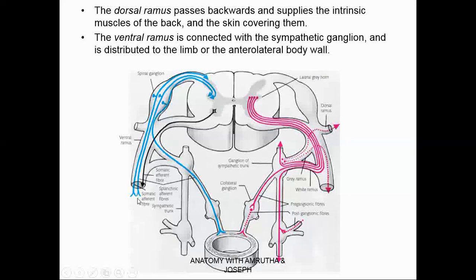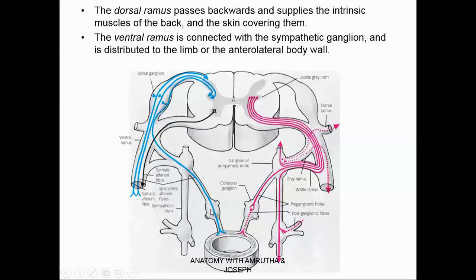They can go to the anterior aspect of the body, the anterolateral aspect of the body through the ventral ramus, or they can also enter into the dorsal ramus. They may also enter into this area that is the connection to the sympathetic ganglion, and they can even pass through this connection of the sympathetic ganglia.